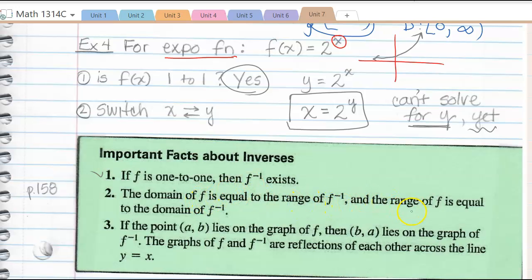Likewise, the range of this one will be the domain of the other. So we did talk about that. And then the last one is that if you have a point (a, b) and it lies on f, then when we switch the x and y's, the point (b, a) lies on the graph of the inverse. And we talked about that and how they are reflections of each other across the line y is equal to x. And that concludes this video.